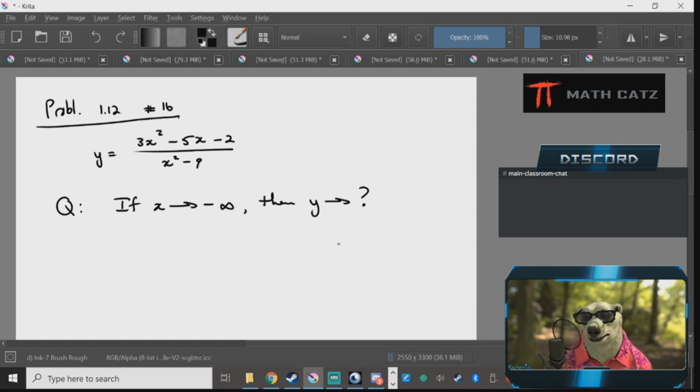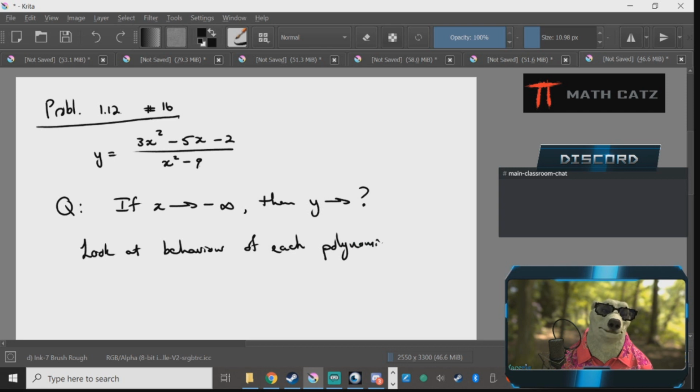This time it's a rational function, but they're made up of polynomials. So I can answer this question if I just look at how the numerator behaves, how the denominator behaves separately, and then maybe that'll give me some insight. So I want to look at the behavior of each polynomial.